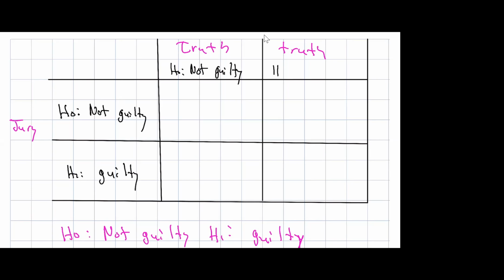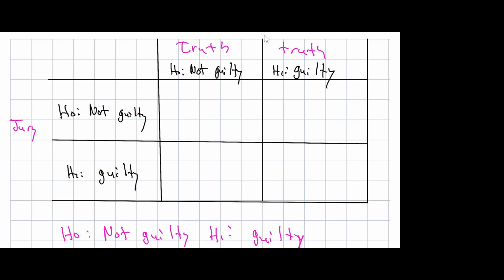H1, they're guilty. Cool. All right. So the rows are what the jury came up with. The jury either came up with that the person is not guilty or the person is guilty. The truth is the person at the end of the trial tells us the actual truth, that they were guilty or that they weren't guilty.